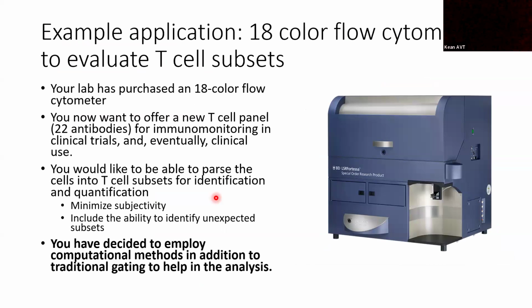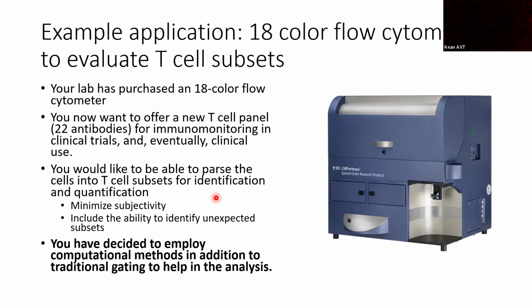This is something we've been working on in our lab. We're developing an immunomonitoring panel. This could be helpful for looking at T-cell subsets in patients who have maybe undergone bone marrow transplant and so forth. It might be useful for clinical trials and eventually use in actual clinical workflows.